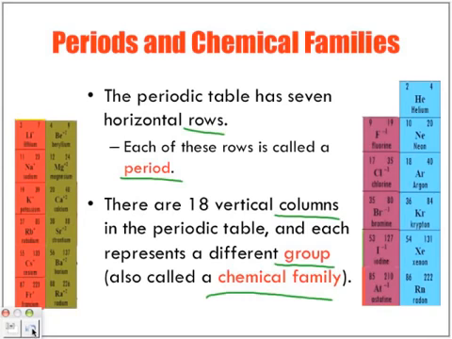Here are 4 certain chemical families: group number 1, group number 2, group number 17, and the final group on the opposite side, group 18. Group 1 are the alkali metals, group 2 are the alkaline earth metals, group 17 are called the halogens, and group 18 are called the noble gases, and these are the most stable of them all.